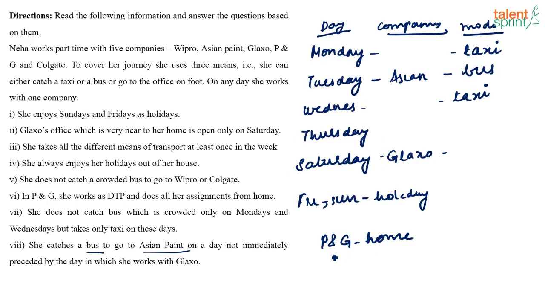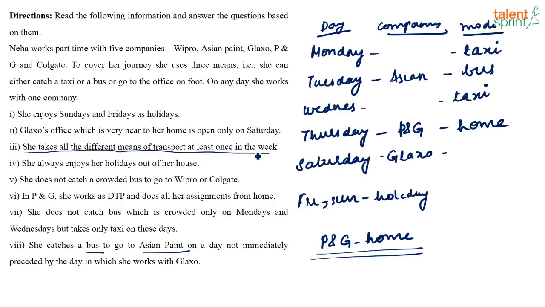Then it is given that, next thing we know, for Procter & Gamble she is working from home. So she has to go to Procter & Gamble, and she is working from home on that day. She is not using any mode of transport. Now the last thing that they have said here is that she takes all the different modes of transport at least once in a week. That means all the modes of transport have to be used in a given week.